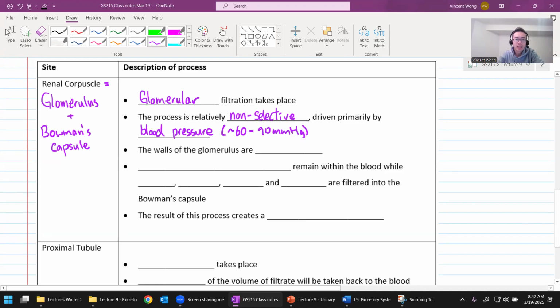Now, another important thing is there is no use having high pressure in a system if there are no holes in the walls, right? Nothing can come out if the walls are impermeable. So the walls of the glomerulus are actually quite permeable. It's leaky, you can think of it as.